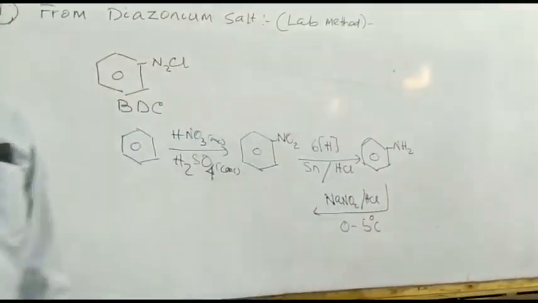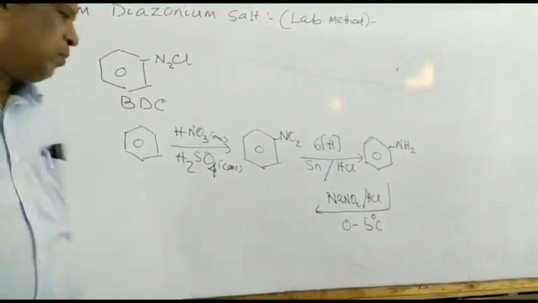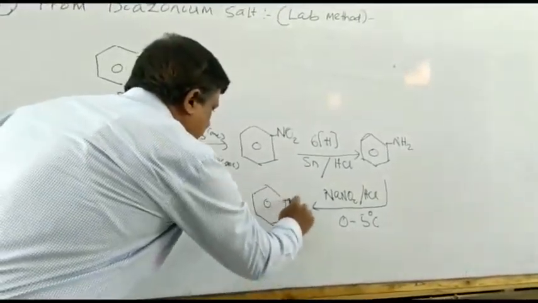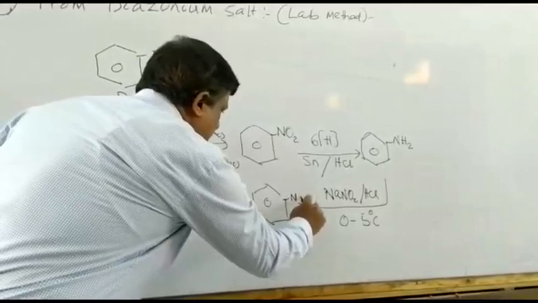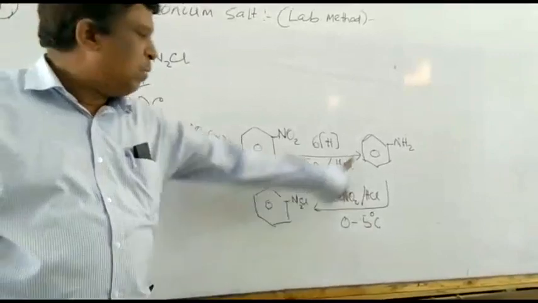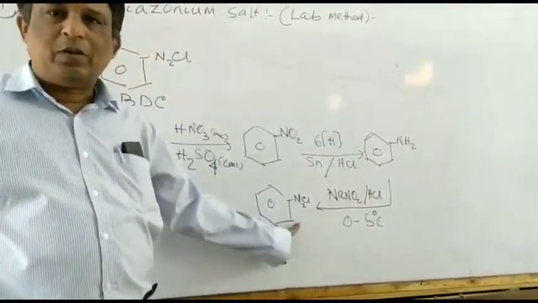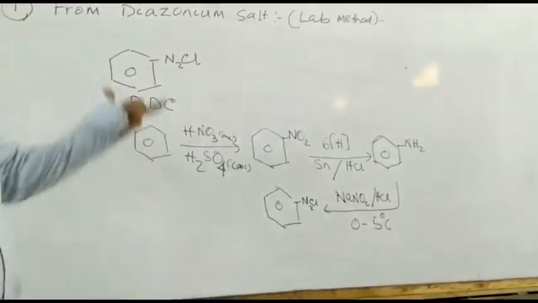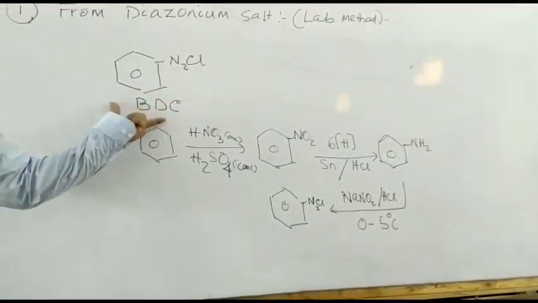Ice cold temperature means 0 to 5 degrees centigrade. This forms benzene diazonium chloride. This method of preparation of benzene diazonium chloride from aniline is otherwise known as diazotization.